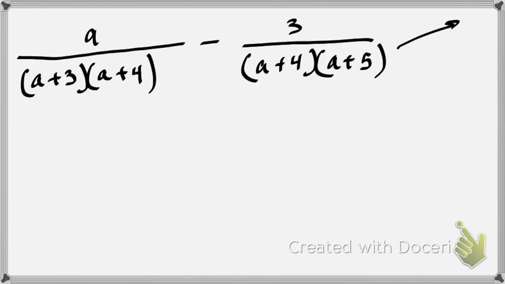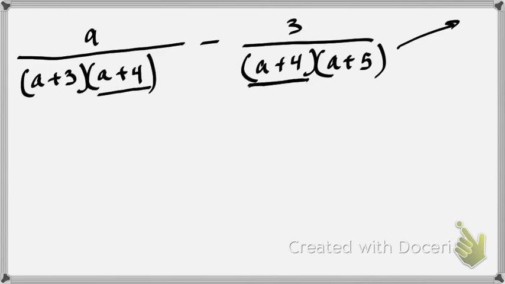We're just trying to make sure that everything on the bottom is exactly the same. If it doesn't have it, we're going to multiply top and bottom by those in order for them to be the same. So looks like we have an a plus 4 that is common between both denominators. So let's look at the right side.